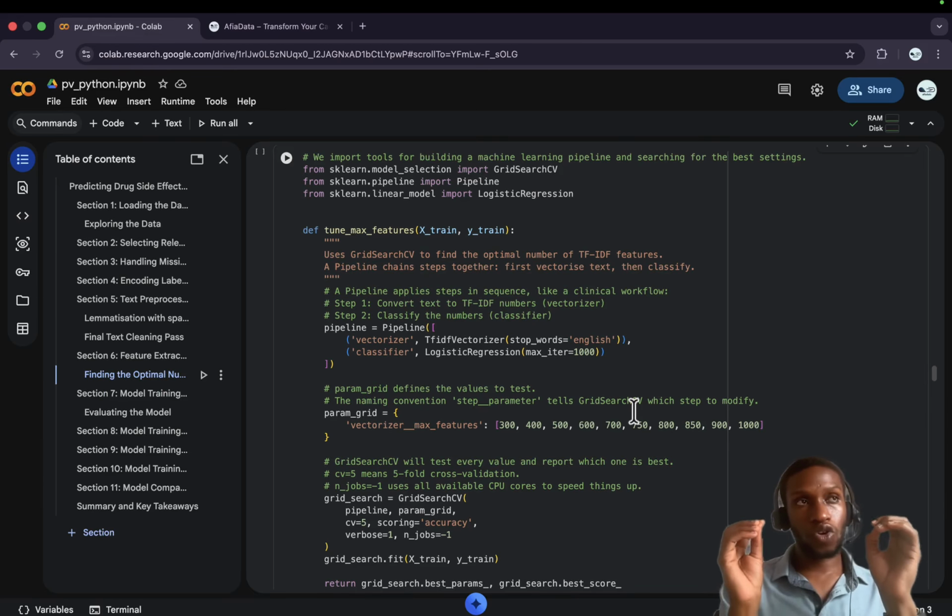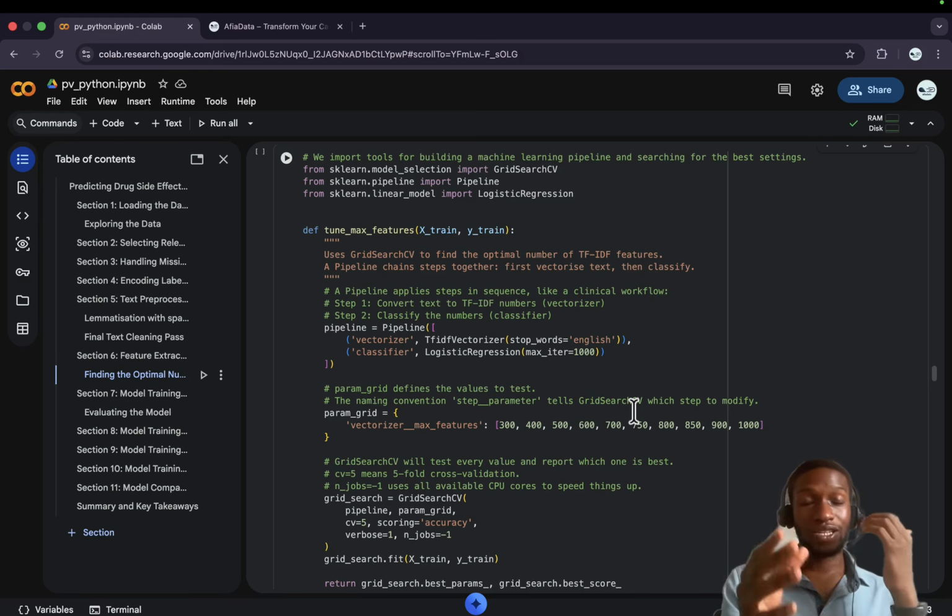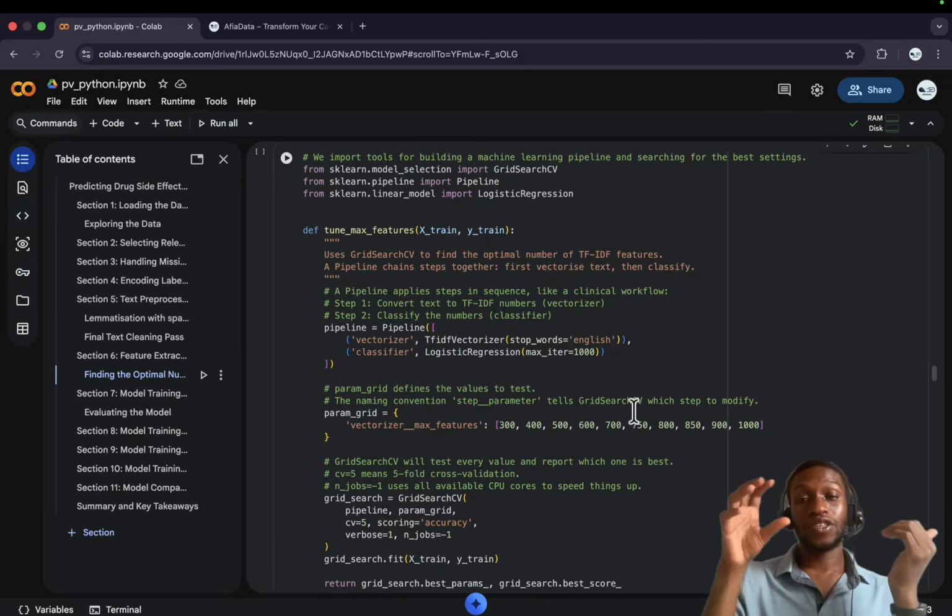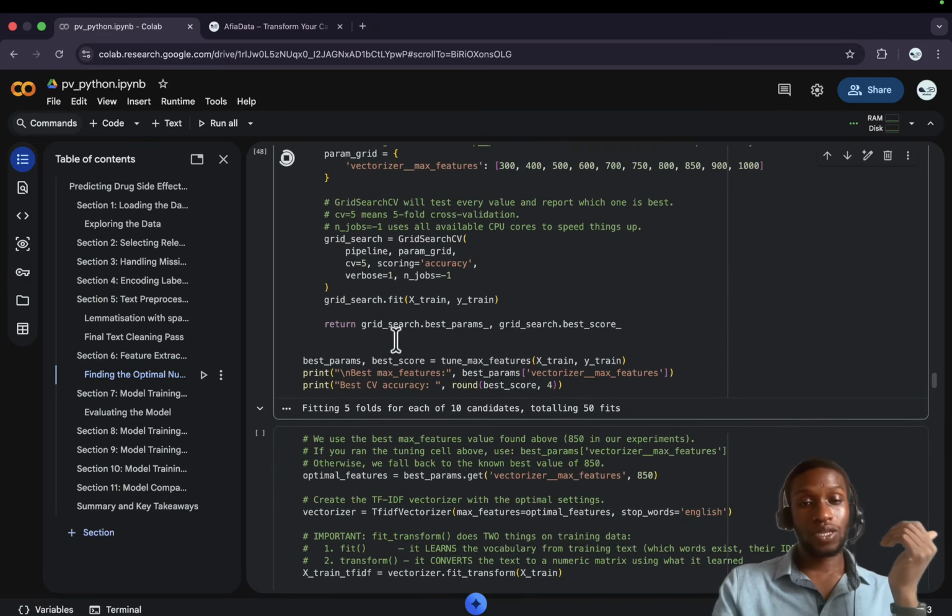If your goal is to understand machine learning and machine learning research and what happens, hyperparameter tuning is one of the areas you will get to, and your mind will click: oh, so this is where machine learning happens. When you hear people talking about machine learning research in various avenues, this is one of the areas people are really interested in looking at. So I'll just run this cell. That cell will take a while, so I'll be back once it finishes.